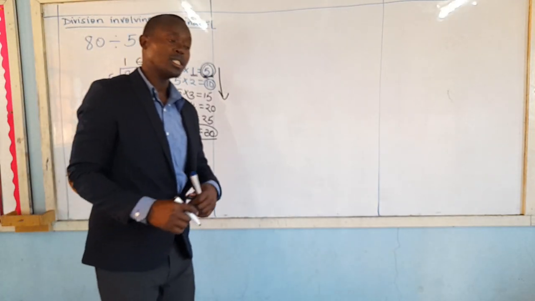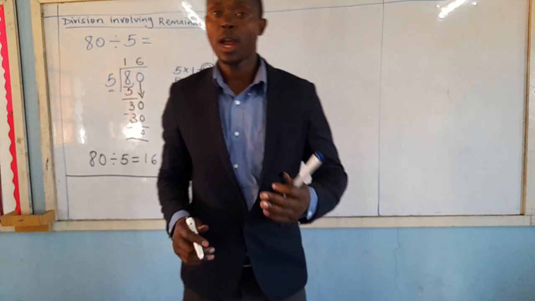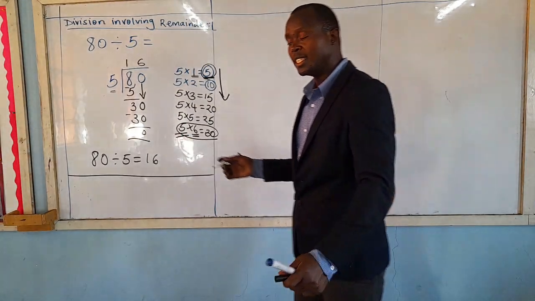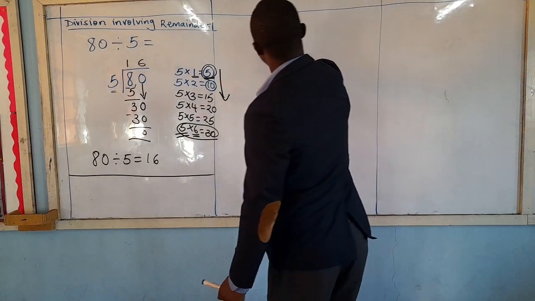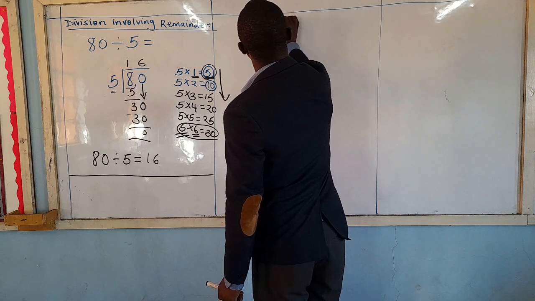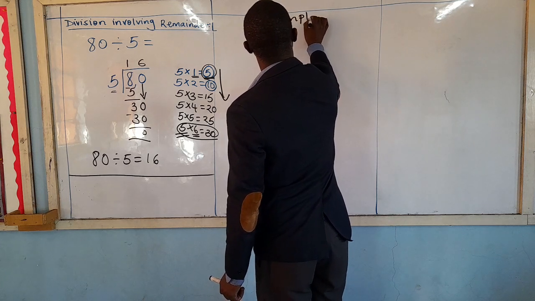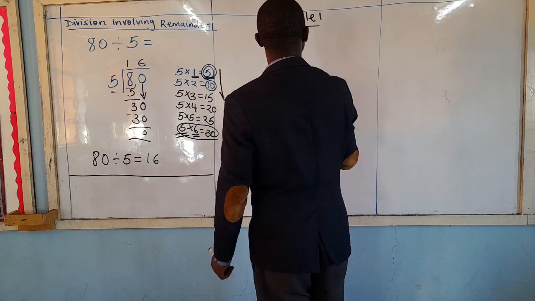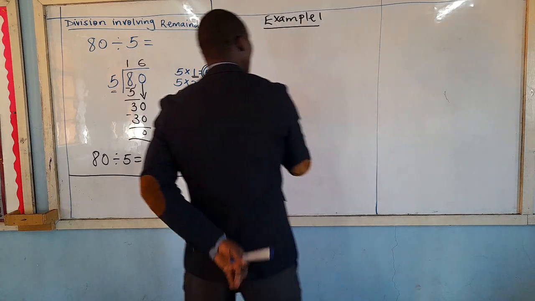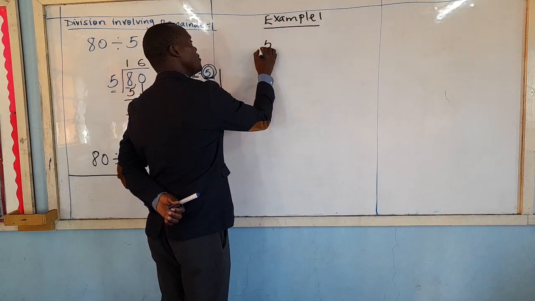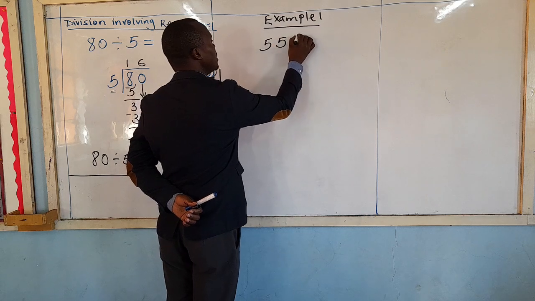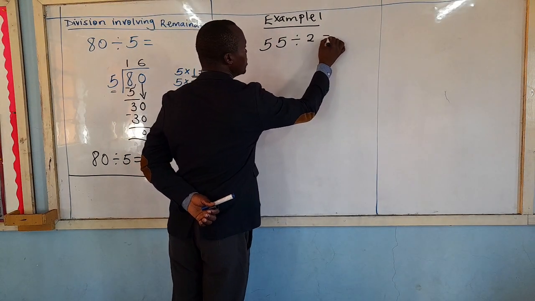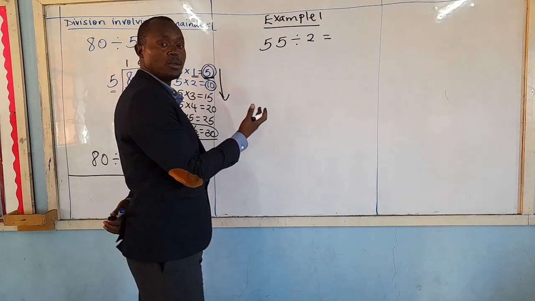But now, consider where we are going to have a remainder. For instance, this is our example 1. We can take a question like, let's say, 55 divided by 2 is equal to. How do we work out this one?